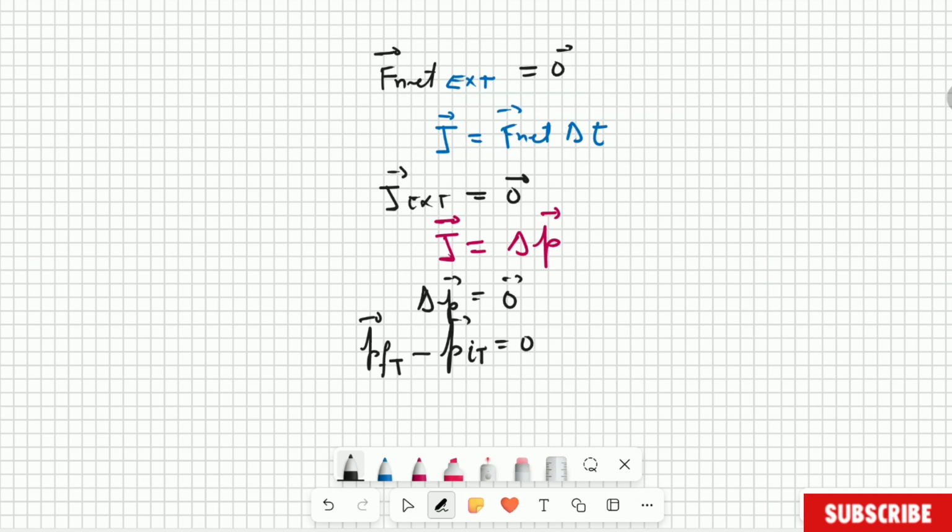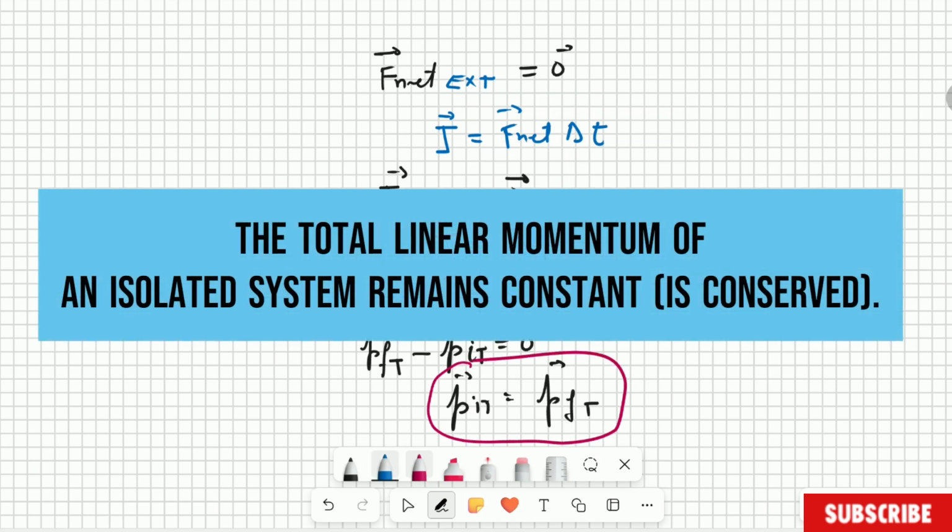If we rearrange that, we get that the initial total momentum is equal to the final total momentum. We're speaking about total. This is the law of conservation of momentum. Important, this one is for an isolated system.